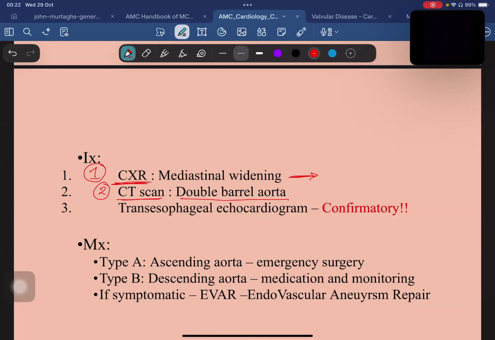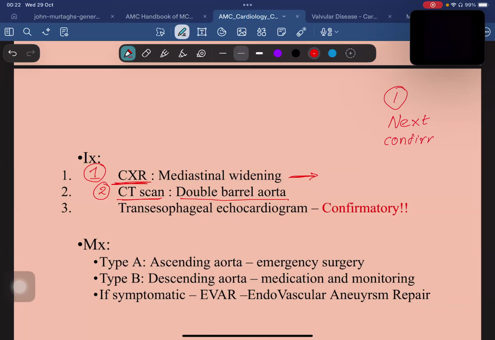We are going step by step, but if the question is asking confirmatory, what is the confirmatory investigation? You would always choose transesophageal echocardiogram. So always remember these important things: first line, then next, and then if they ask confirmatory.